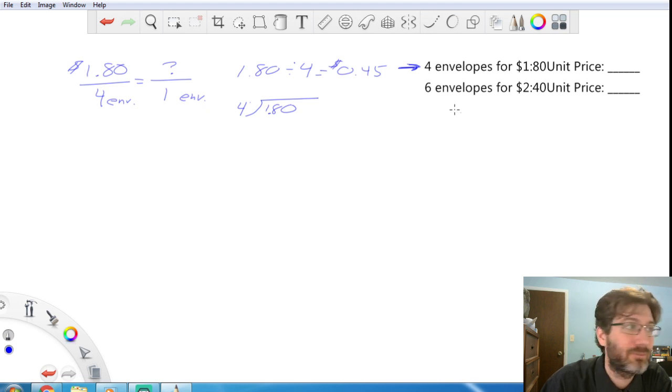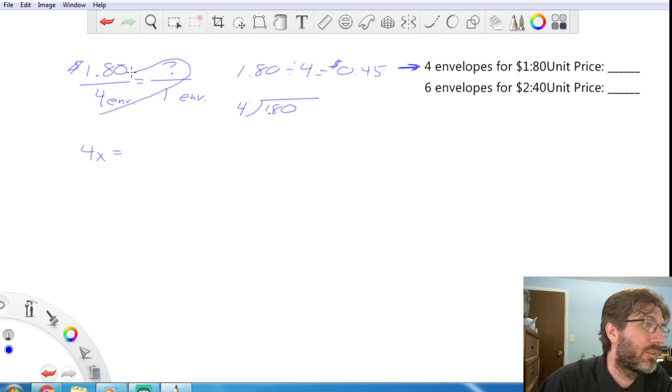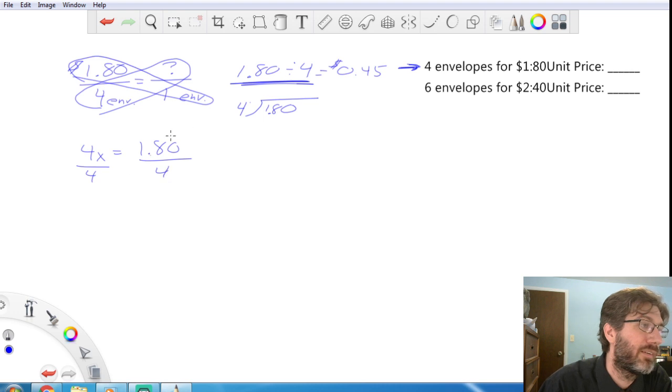It's just you can end up doing the same math, so you might as well just divide it because you want the numerator of 1. But that gives you 4. If you want to do it with cross products, then you're going to be doing 4x is equal to 1.8. And again, you're going to do divide this by 4, divide this by 4. It's the same work either way.